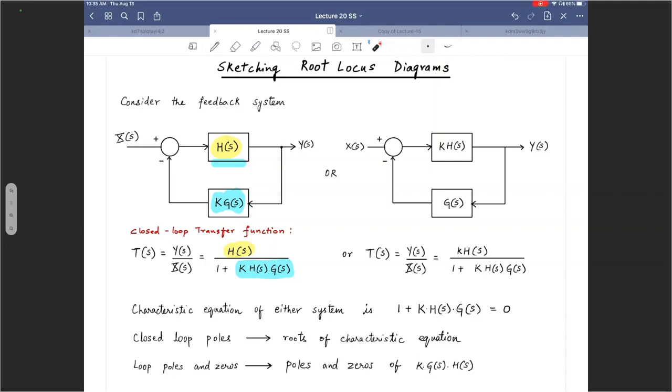And for the right system, where the feedback dynamics and the system dynamics are exchanged, you have k, h of s, and g of s over here. So the factor k is applied to the forward transfer function here. The closed loop transfer function is going to be forward divided by 1 plus product.